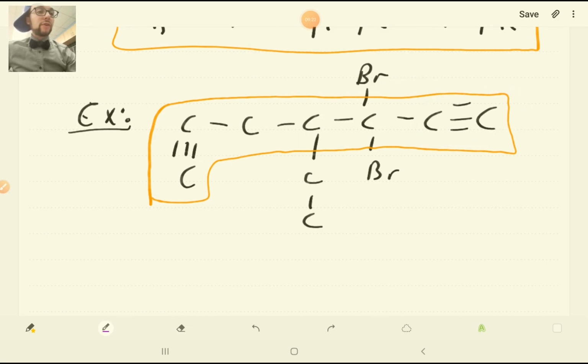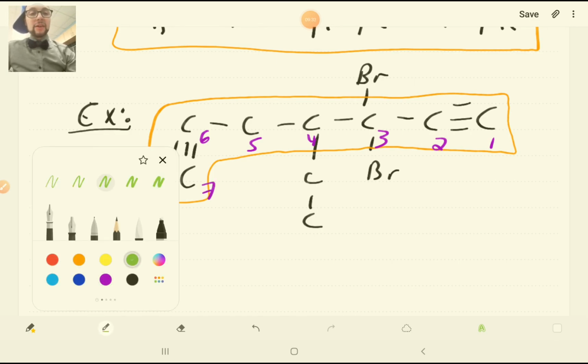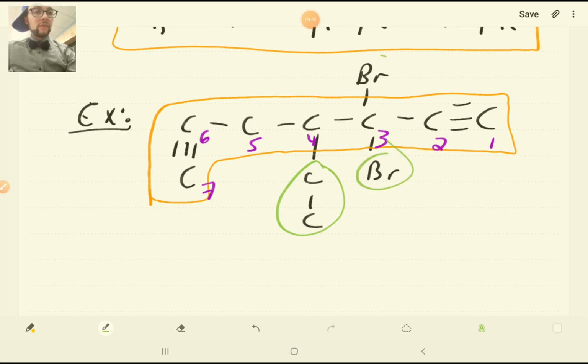Okay, the bromos over here. So we're going to begin counting here, which is 1, 2, 3, 4, 5, 6, 7. And like everything else, we're going to circle the branches so that we know what they're called. This is an ethyl, and these 2 are bromos.